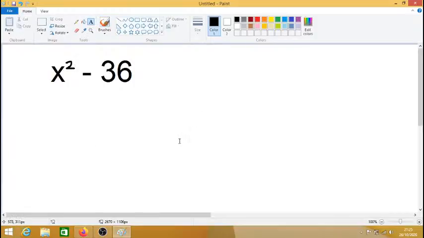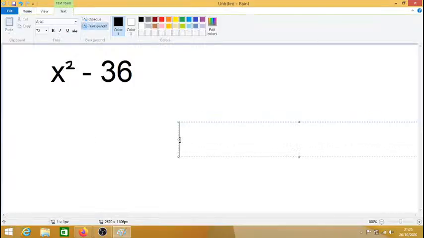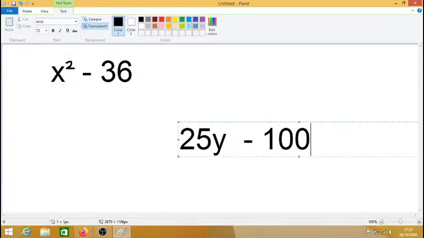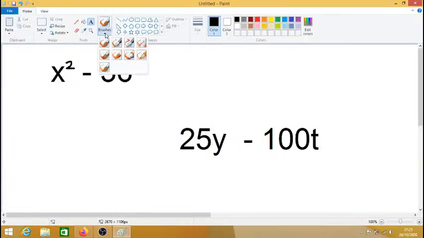And then if that's easy for you, try a slightly harder one. 25y squared take away 100t squared. As soon as you're done, just write your answer in the chat window.